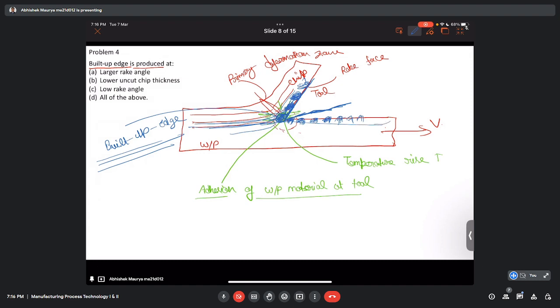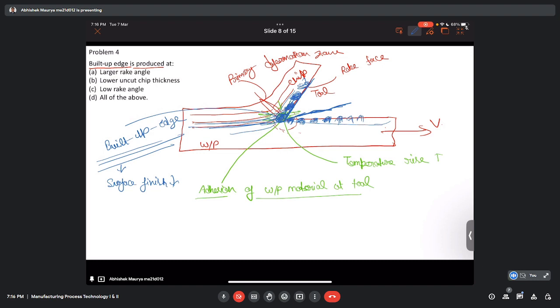So built up edge reduces the surface finish. Surface finish goes down. Also, it is forming, breaking, forming, breaking, forming, breaking.